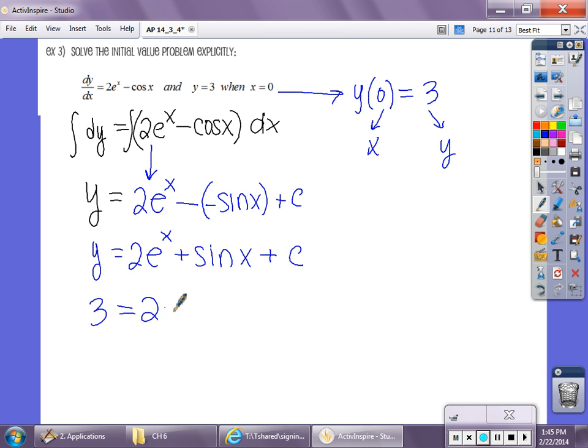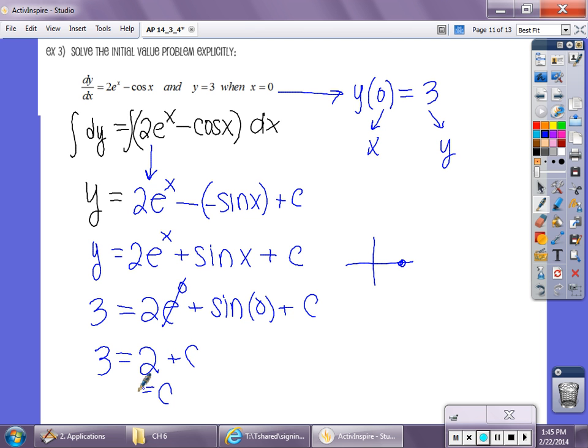So e to the 0 plus sine of 0 plus c. Sine of 0 is 0, e to the 0 is 1. So we end up with 3 equals 2 plus c, so c equals 1. Final answer: y equals 2e to the x power plus sine of x plus 1.